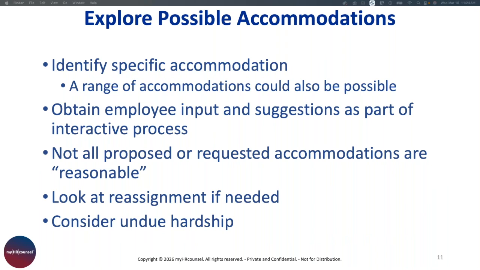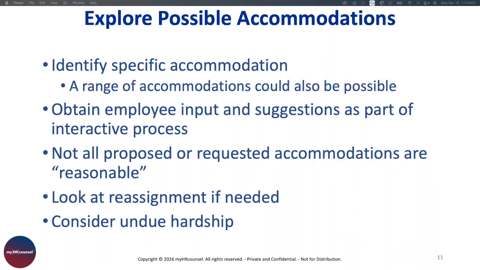You don't have to remove those. You do not have to lower production standards. You don't have to provide paid leave beyond that which you provide to similarly situated employees. You don't have to provide personal items for use that could be used on and off the job, such as a prosthetic limb, a wheelchair, eyeglasses, hearing aids, or similar devices. That's not considered a reasonable accommodation.